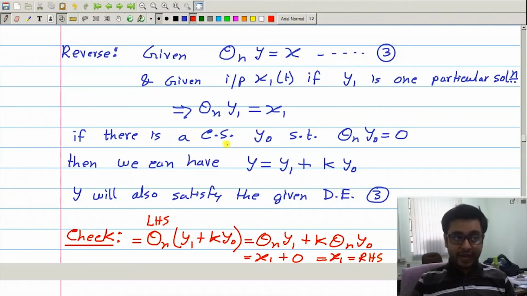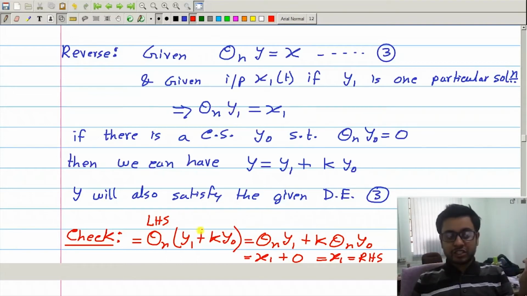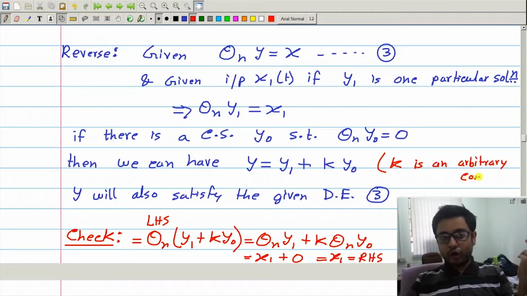So we have shown that if there exists a complementary solution y0 and y1 is any particular solution, then we can construct many other solutions of this form y1 plus ky0, where k is an arbitrary number. So for any value of k, this y will still be a solution.